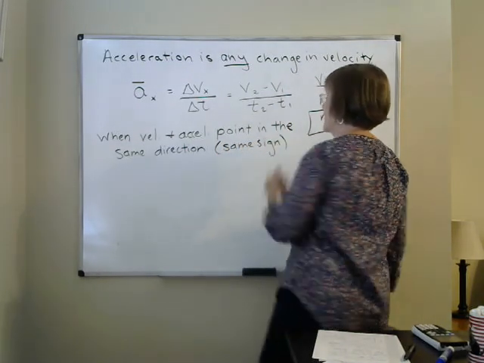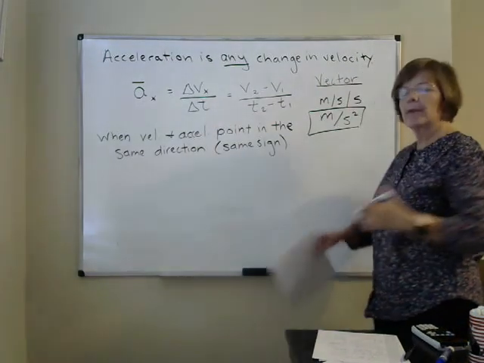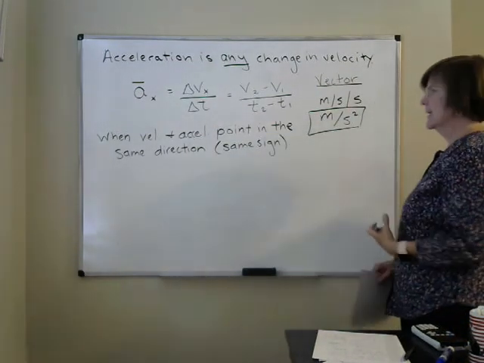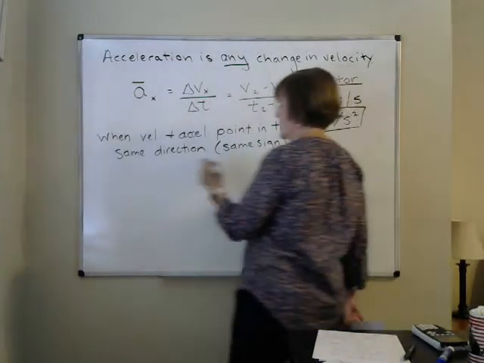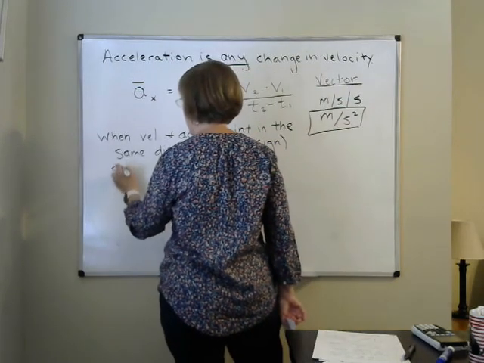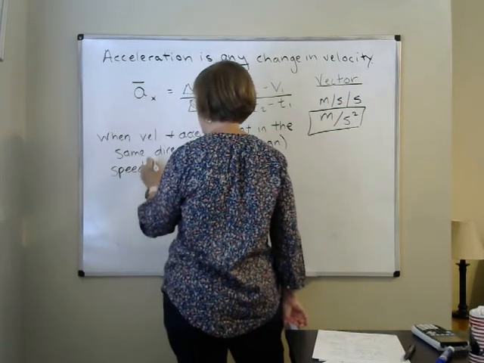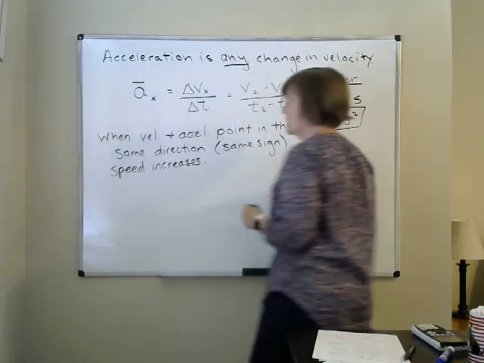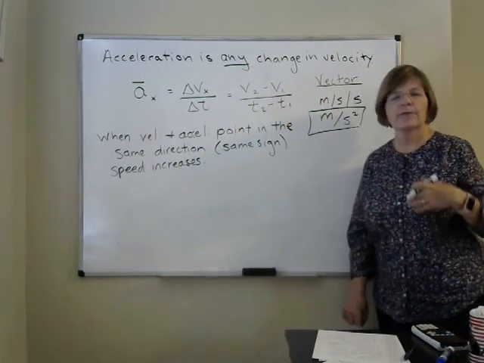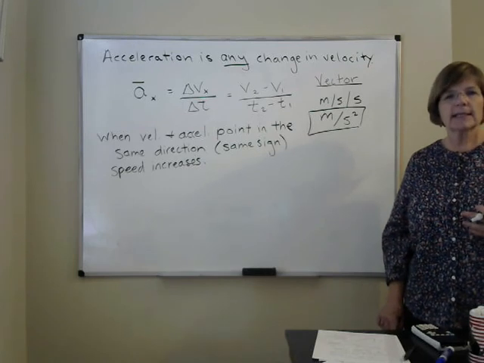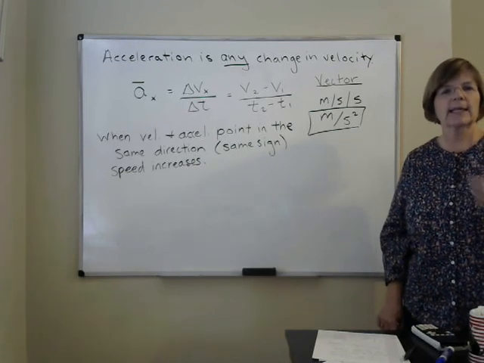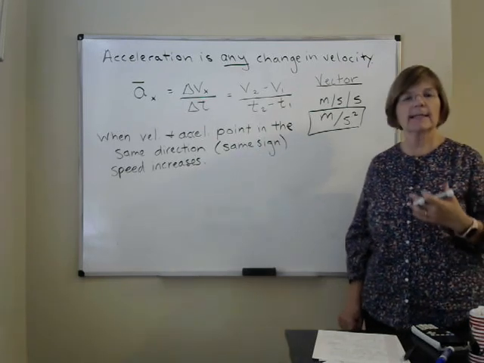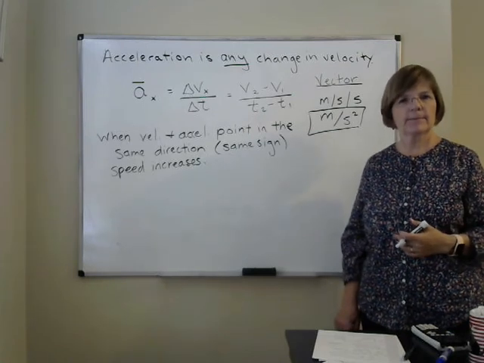If we're doing linear motion, they're either both in the positive direction or they're both in the negative. When they point in the same direction, speed increases. So if I'm driving 50 miles an hour to the east and my acceleration is towards the east, I'm going to gain speed. I'm going to speed up.